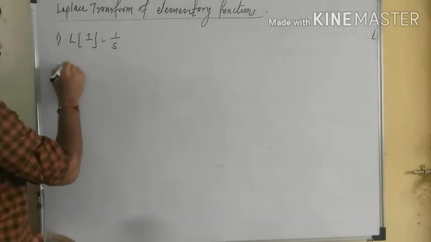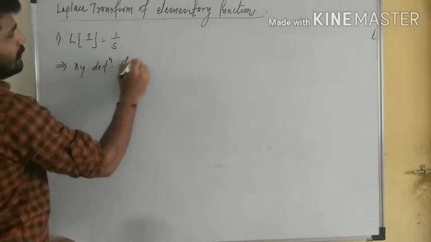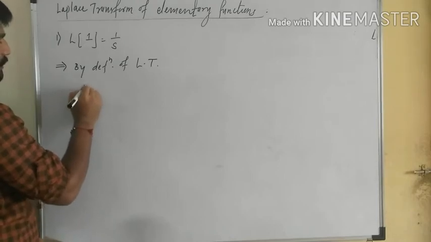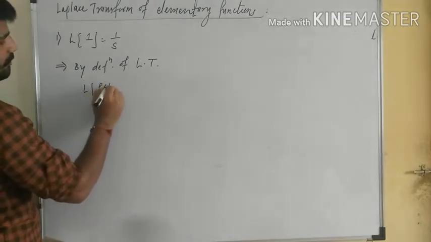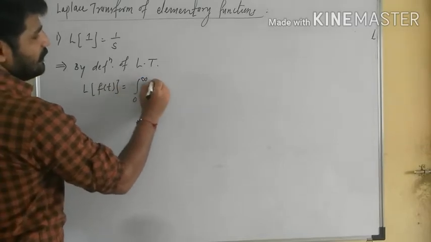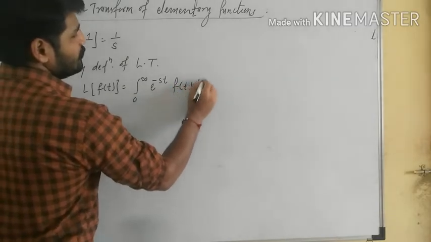So see the solution. By definition of Laplace transform, we have Laplace transform of f of t is equal to the integral from 0 to infinity e raised to minus st into f of t dt. So this is the definition.